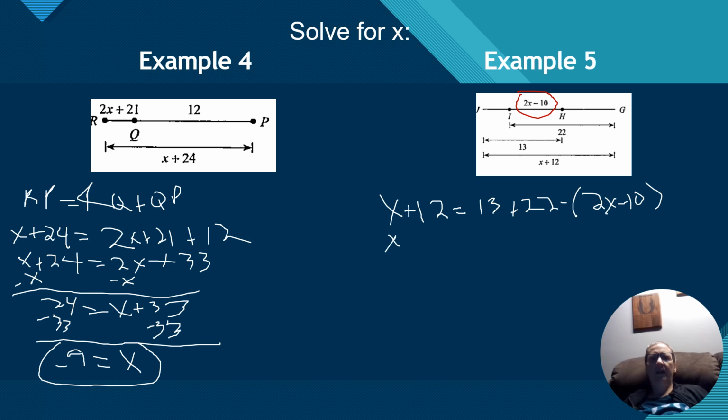So I have x plus 12 over here. 13 and 22 is 35 minus 2x plus 10. Now I'm going to go ahead and move x's at the same time as combining the terms. So you'll forgive me. I'm going to move this 2x over to the other side.